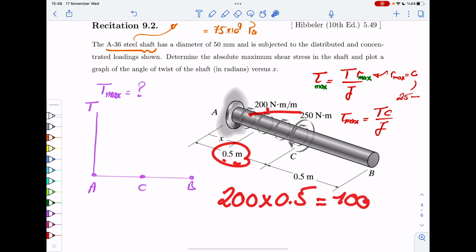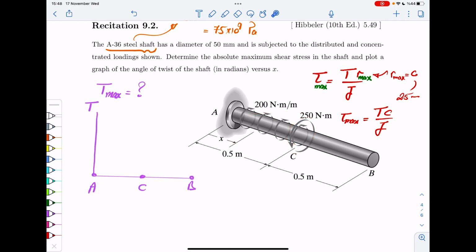So that means you are applying 250 counterclockwise, and then you compensate for 100 of it. So in order to have equilibrium, the support A needs to compensate for that remaining 150, okay? So you get 150 also at the support A.